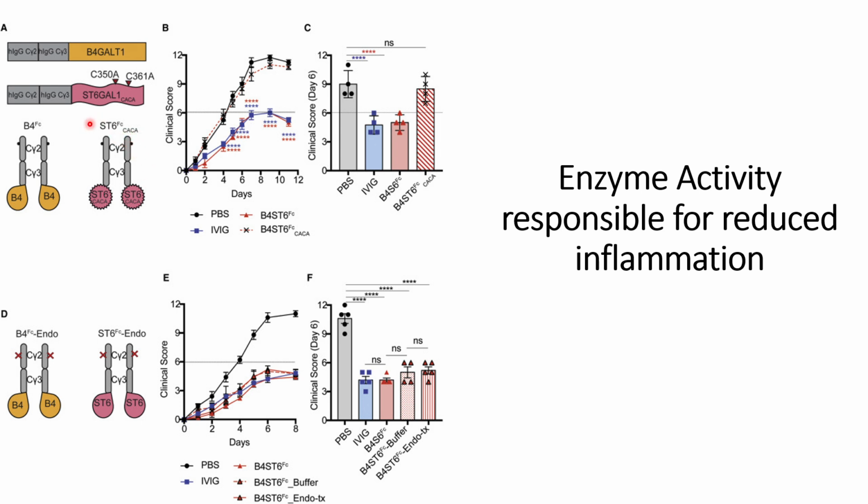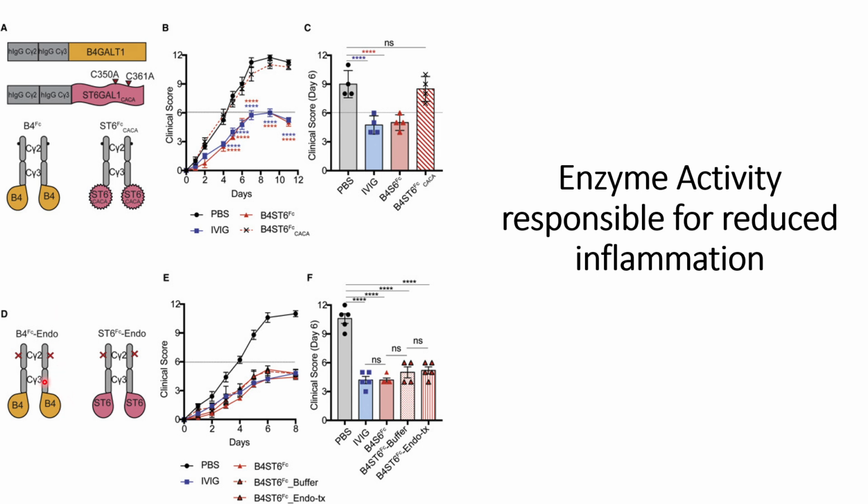Next, they checked the effect on inflammation in the absence of glycan structures with the active enzymes. In this case, they used endoglycosidase, which can cleave off the sialic acids.